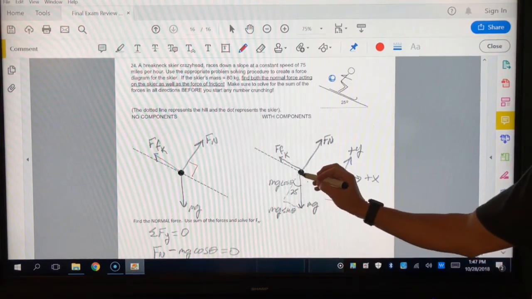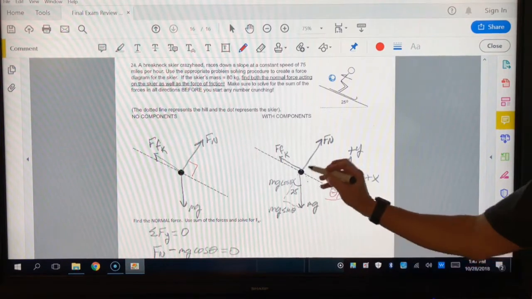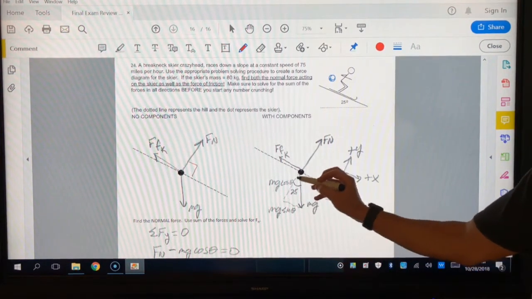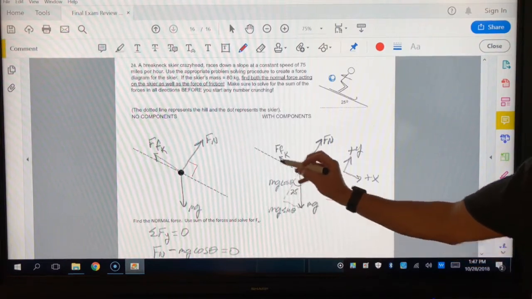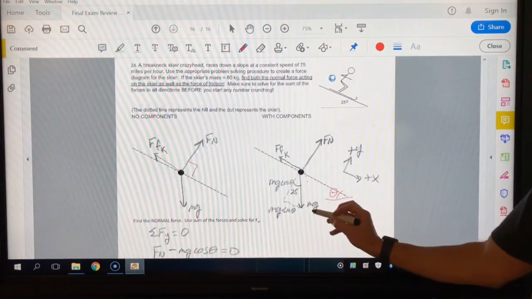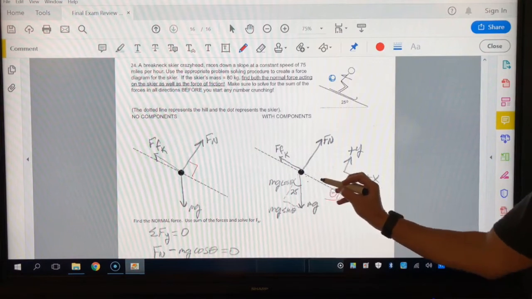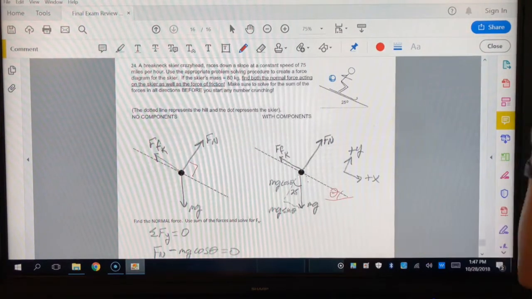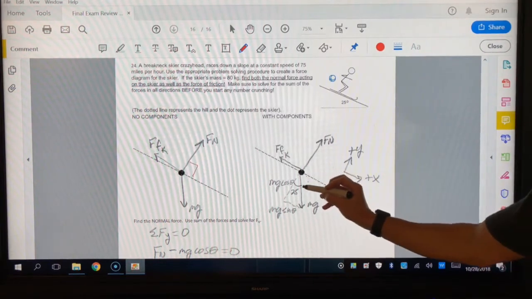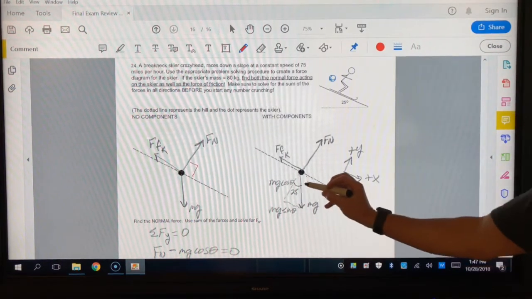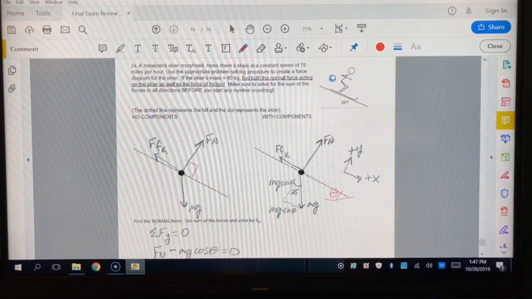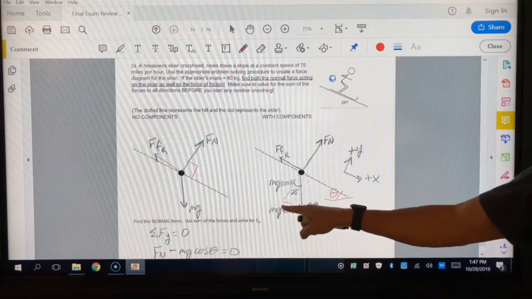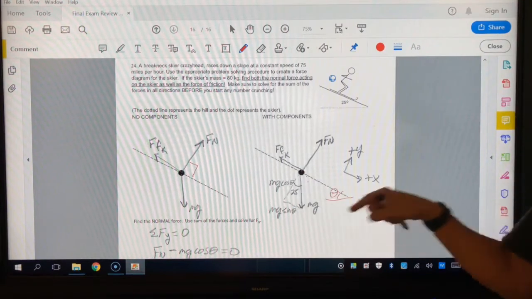This angle next to the dot is also 25, as long as you draw one line that is perpendicular to the surface and one line parallel to the surface, and I try not to touch the lines at all, and then that way these two angles are the same. If you try to do this angle here, you've got to take 90 minus 25, and that would give you 65 for that angle. mg cosine on this side because it's adjacent, mg sine on this side because it's the opposite.